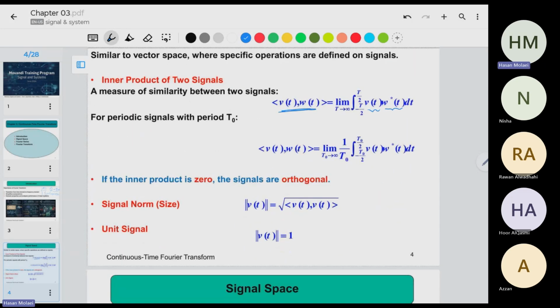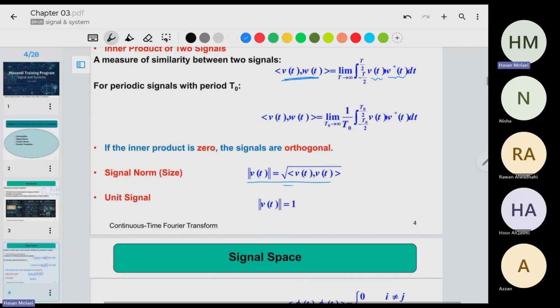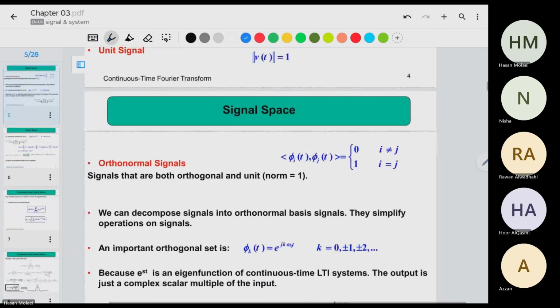If the inner product is zero, the signals are orthogonal. The size of a signal we can write as the inner product of the signal with itself. If the size is 1, we call it a unit signal.